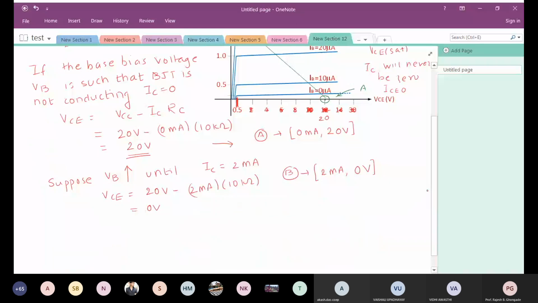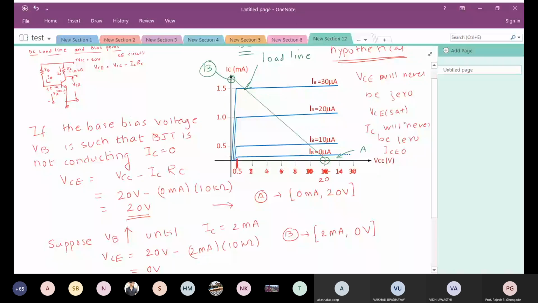Of course, using this load line, I can now predict what will be the voltage across the collector and emitter, and what will be the collector current, given some value of IB.